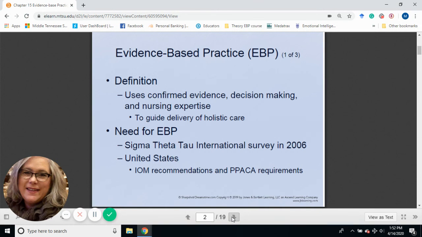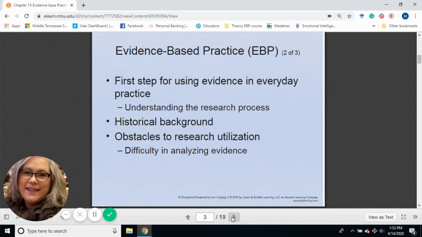Our Nursing Honor Society Sigma Theta Tau in 2006, and in 2010 the Institute of Medicine IOM government report about nursing and its direction and quality of care. And the Affordable Care Act kind of drove the IOM report to say, how can we better care for our population? So the first step is, what are we doing in everyday practice?